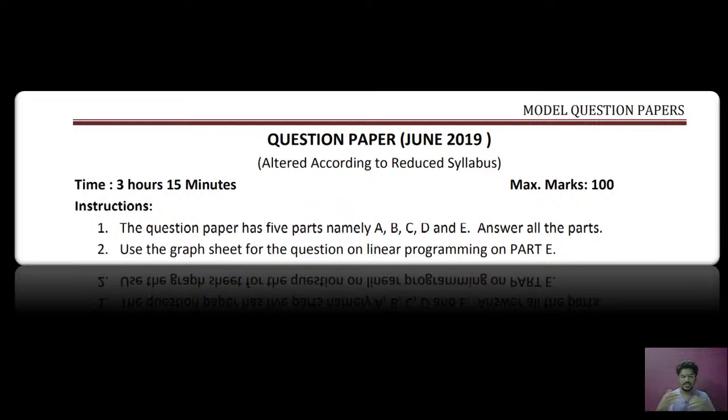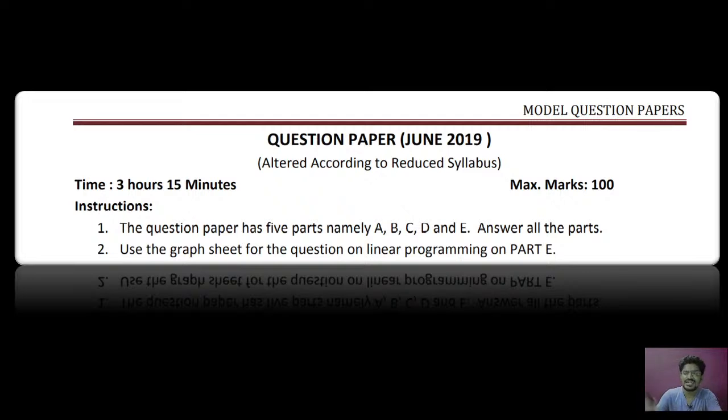So there will be some changes in part D and part E, which is actually your favorite part to score more marks, but those problems I will take in the next class. Here I am going to solve part A, part B and part C.